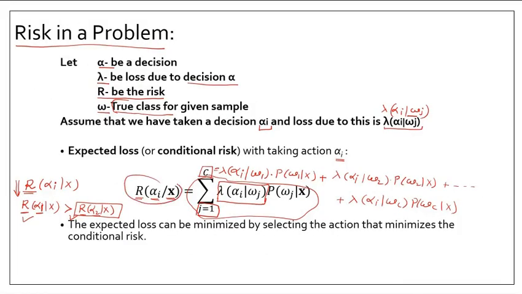This risk is for a given value of x. Say if I am standing here with this sample x, what is the risk if I take decision alpha i given x? So this is computed for this particular point.